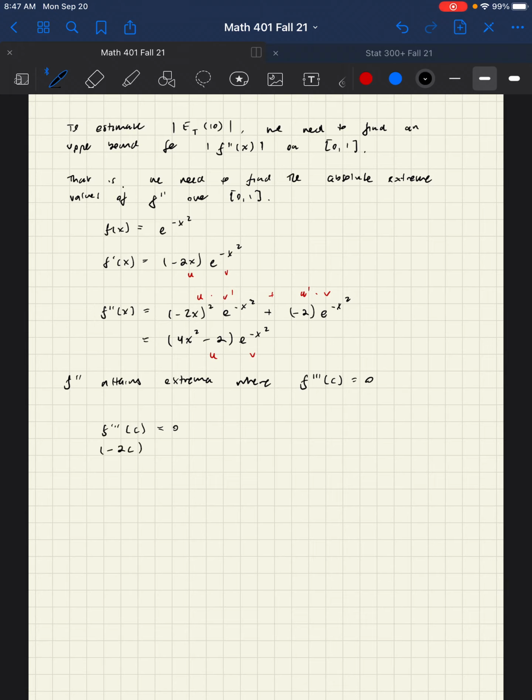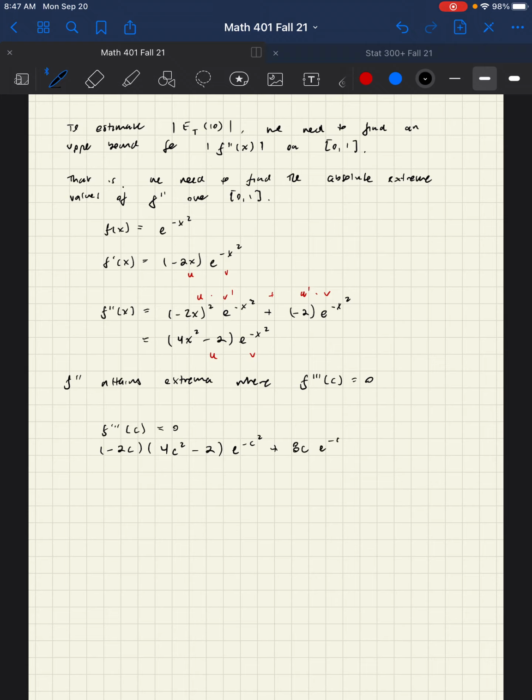So u times v prime here is going to look like negative 2c. I'm using c here just to be clear that we're looking for a specific value in that interval, times 4c squared minus 2 times e to the negative c squared.